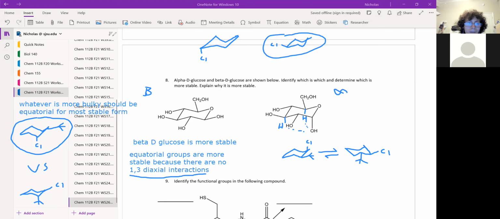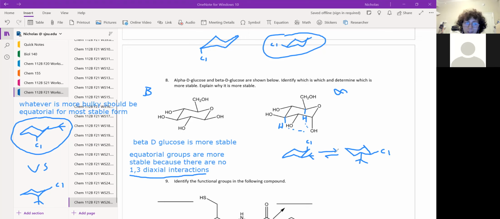And I got a question, the most stable form would be if both were equatorial, and ideally you would want everything to be equatorial so there's no diaxial interactions. But if you have this structure, it can do a ring flip spontaneously, but then everything flips.